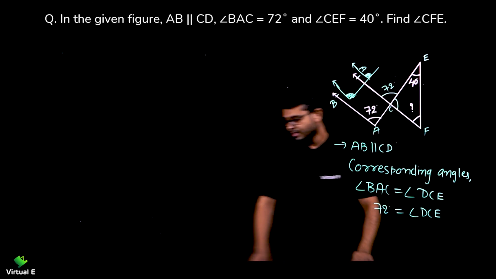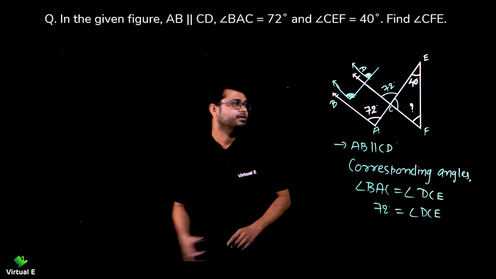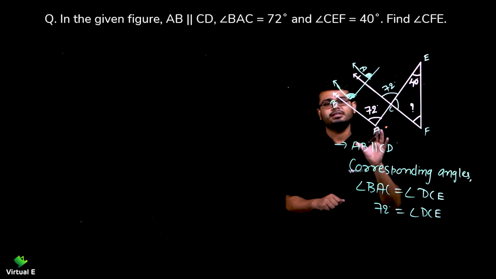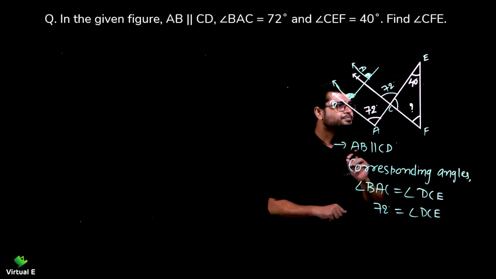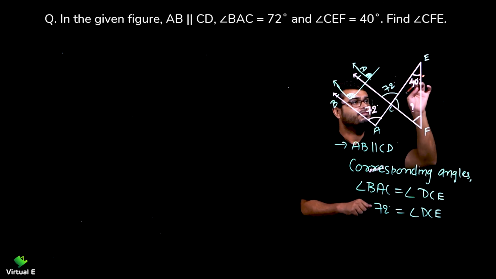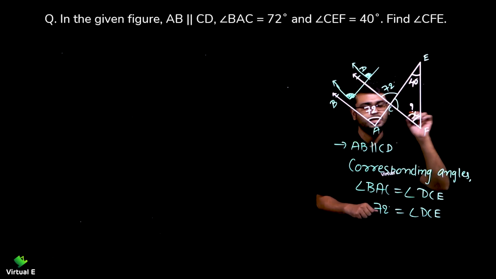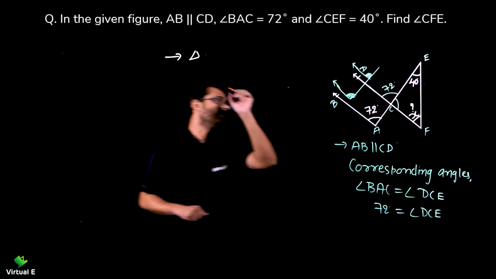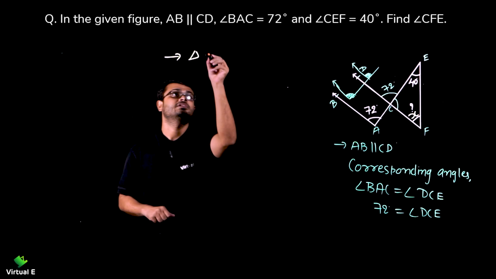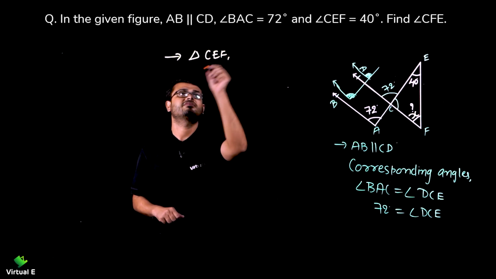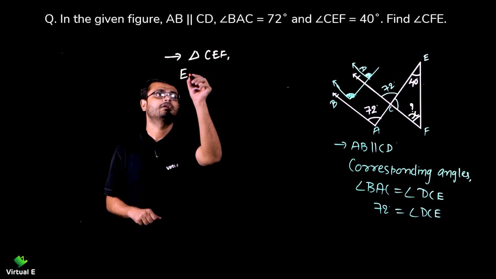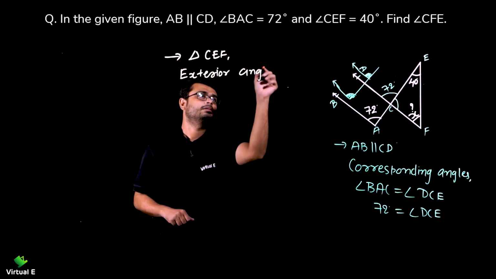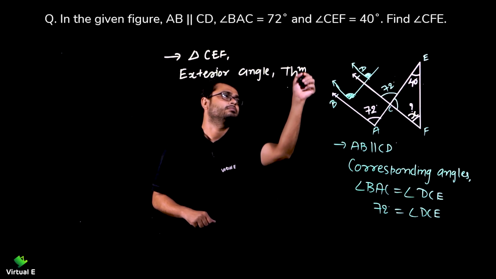Now let's do a very interesting theorem here, which we know very well, that is the exterior angle theorem. Now what will I do? 72 and 40 and this missing angle x. So let's talk about triangle CEF, and we are going to use the exterior angle theorem, right?